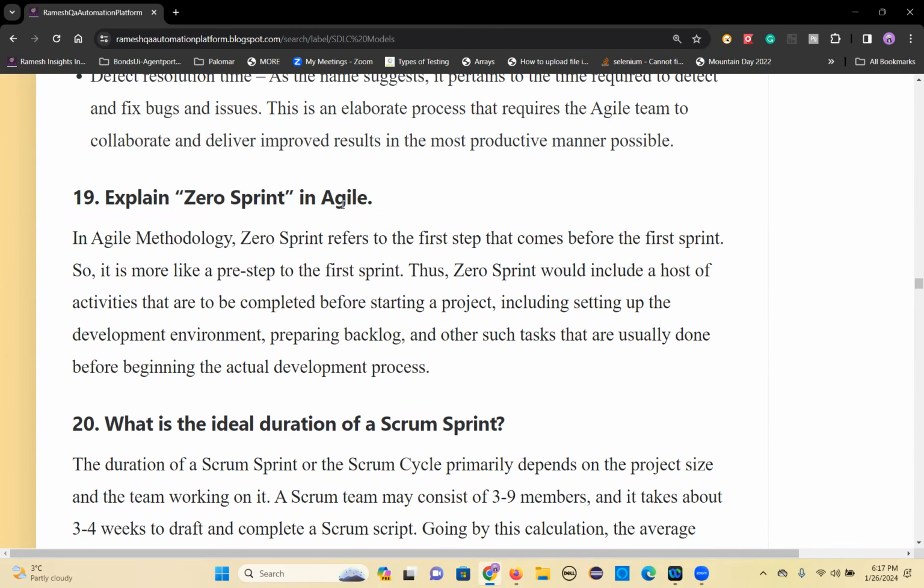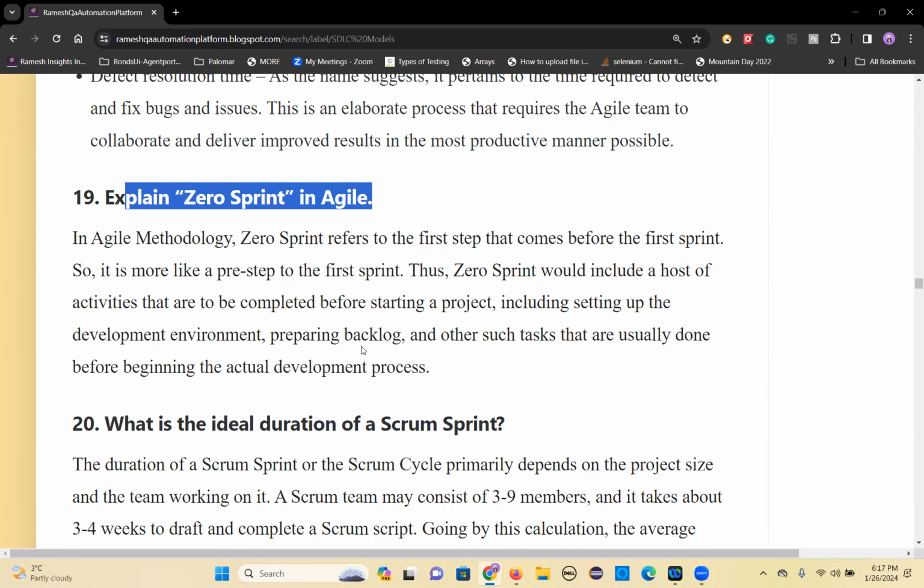Okay. What is a zero sprint in Agile? In Agile methodology, zero sprint refers to the first step that comes before the first sprint. What is that? PI planning, right? So zero sprint means that. You don't have any task, but the PI planning, the plan iteration, will happen.